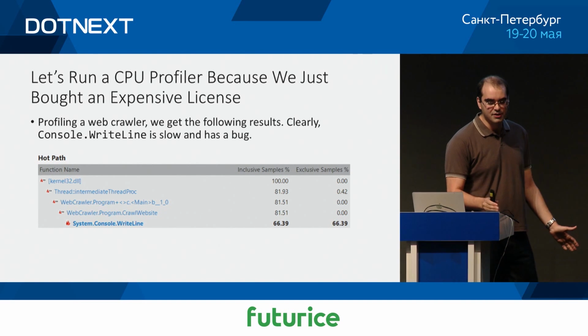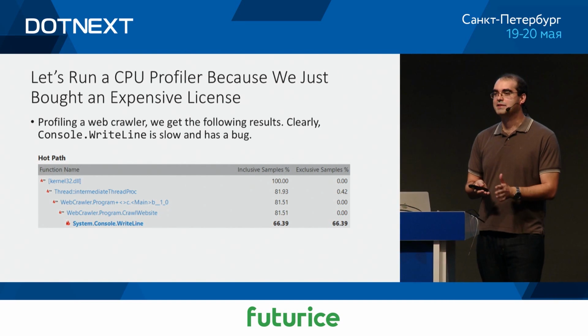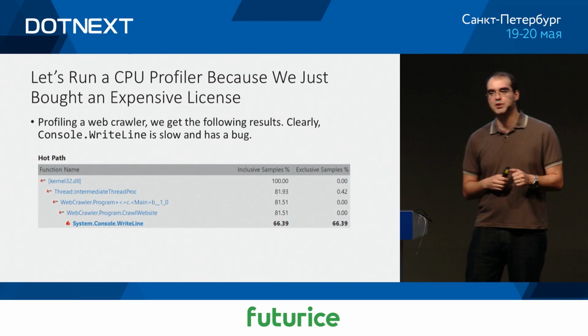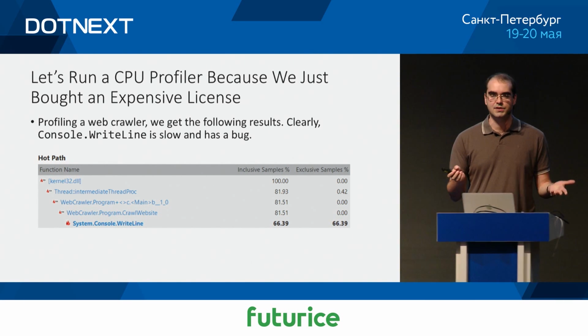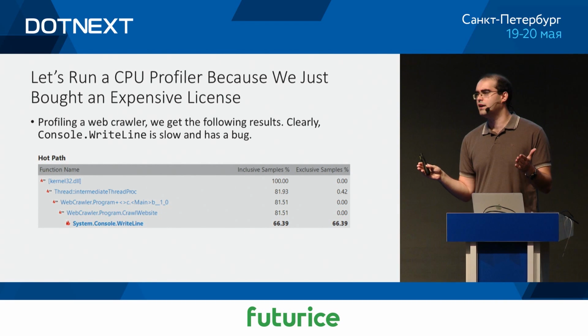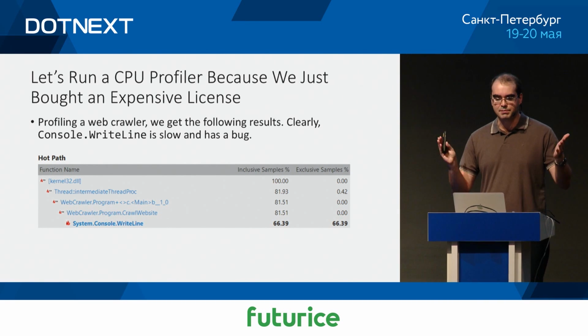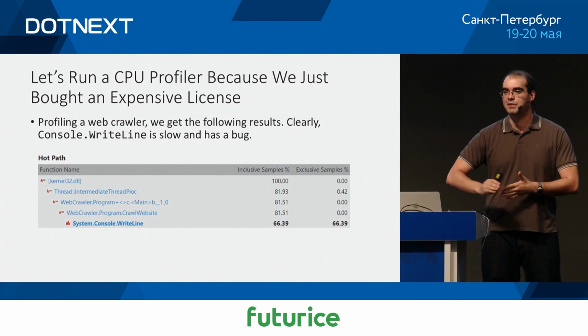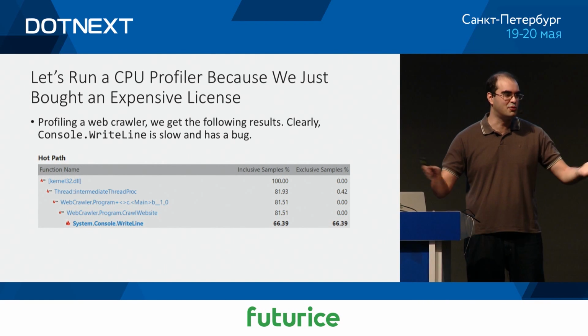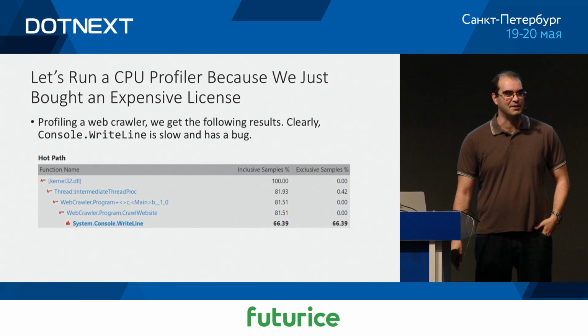Now, a web crawler might be doing some things that are not exactly CPU intensive. If we run the CPU profiler, you could get a result that says console write line is taking 66% of the time. So console write line is slowing down my application. I need to improve the performance of console write line.